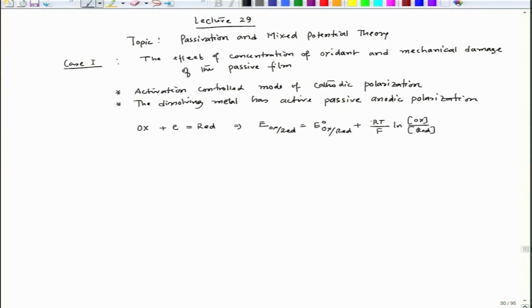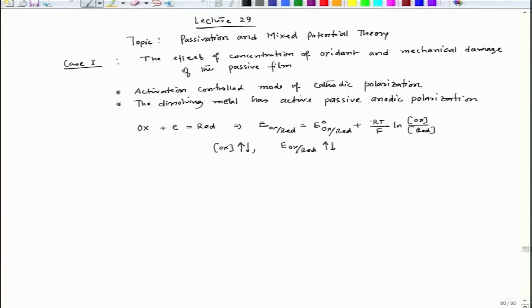When we say this, if ox concentration increases, then of course E ox red increases, and similarly if it reduces, this will also reduce.